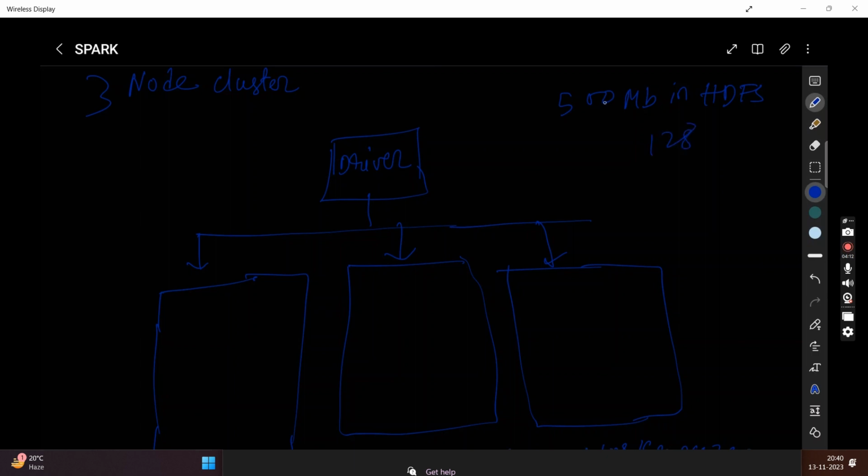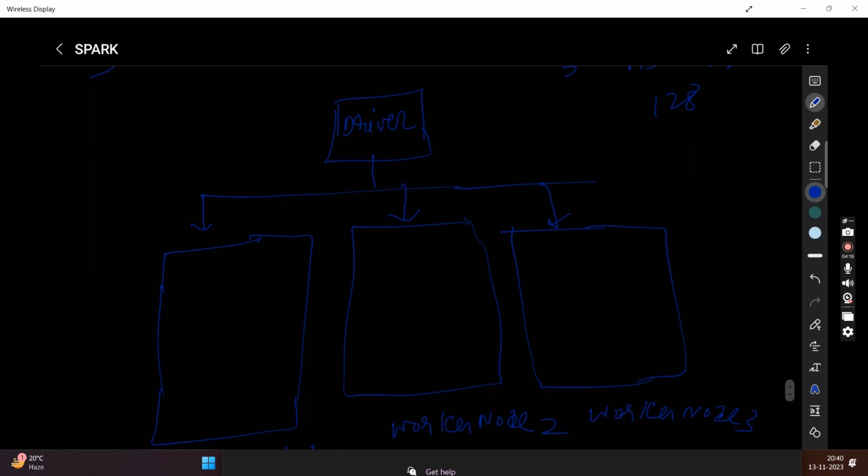So if we divide 500 by 128, there will be 4 blocks. Block 1 will be here, let's think block 2 will be here, and on the last node we have block 3 and block 4. So one node will hold 2 blocks, and that's how HDFS works. This part is HDFS.